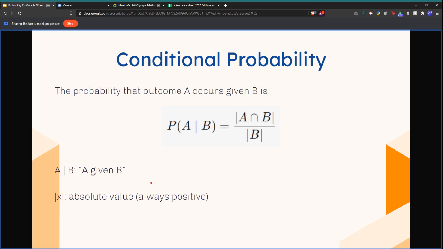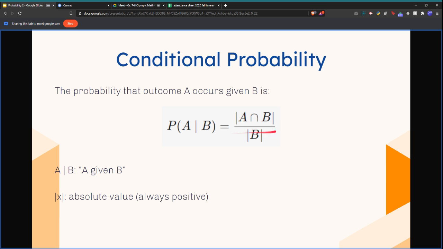Or say you're counting the number of people. You can't count -1 people. You have to count at least 0 or 1 people, right? That's what absolute value does. It converts everything to positive. And when you convert it to positive, that means the probability will be positive as well. It can't be negative, otherwise that wouldn't be probability.